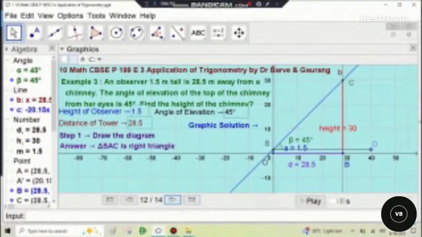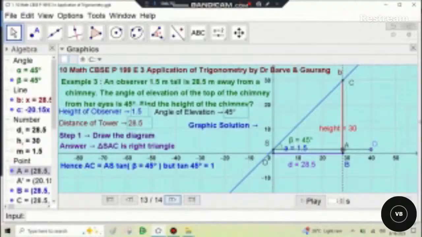Now let us see the analytical solution. So in triangle SAC, I have not marked the point A. Let me show it to you. So this is the point A. So SAC is a right triangle. The base is 28.5 and angle is 45 degree.